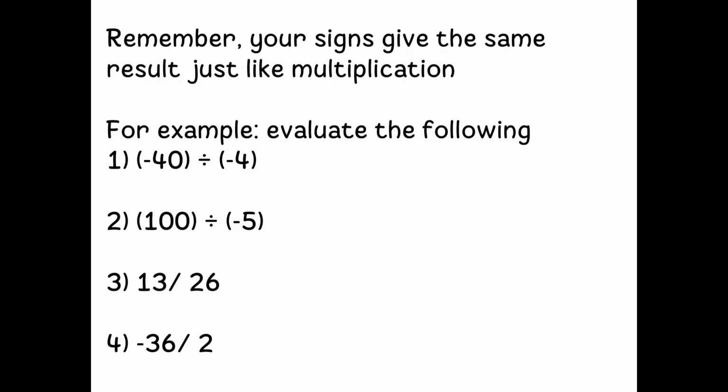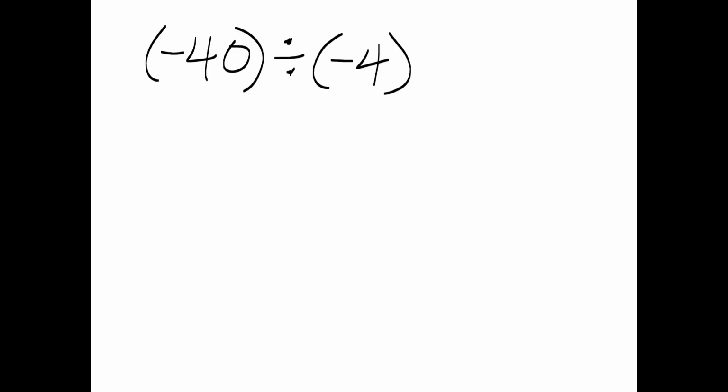So we are to evaluate the following questions. Let's start with the first one. We have minus 40 divided by minus 4. Let's settle the signs first. You have a minus divided by minus, right?